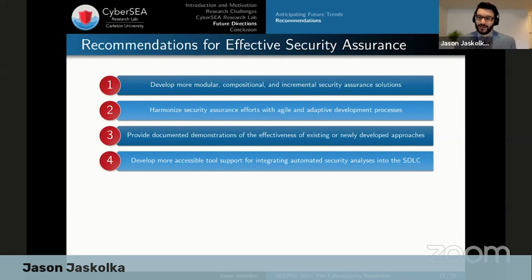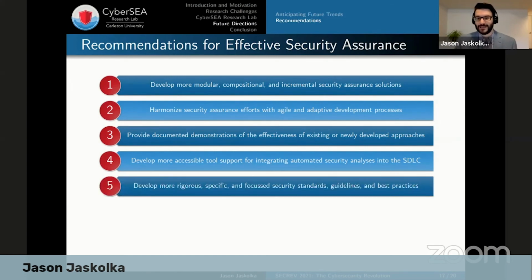We need to give the developers the tools in order to carry out these analyses and activities in a very seamless way, such that it doesn't get perceived as this extra burden that they need to take on, especially when they may already be overloaded with the tasks that they need to be completing.